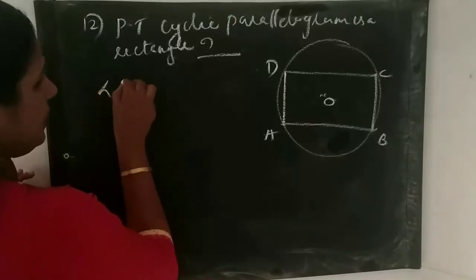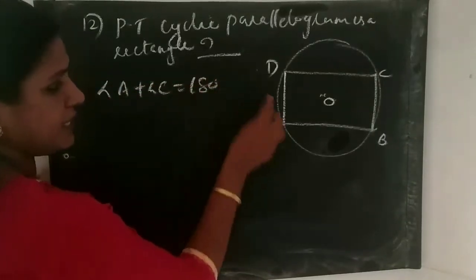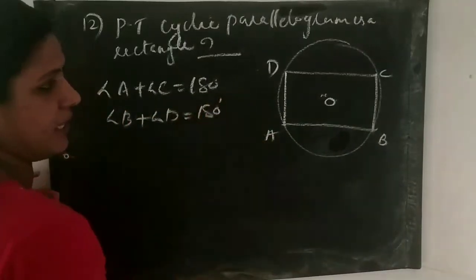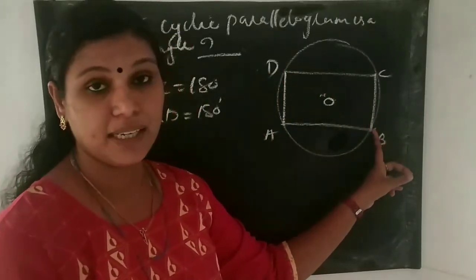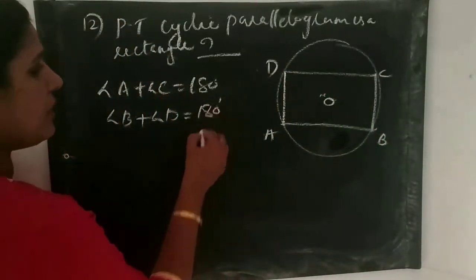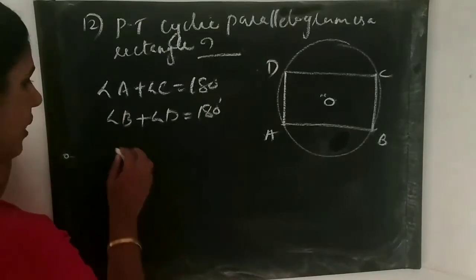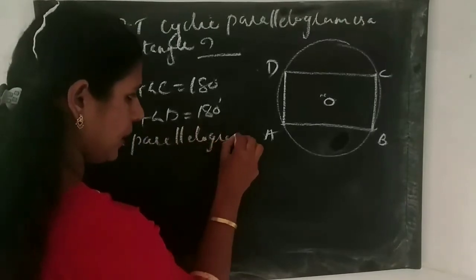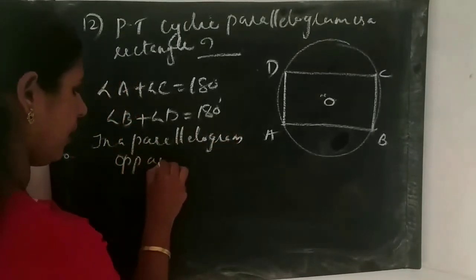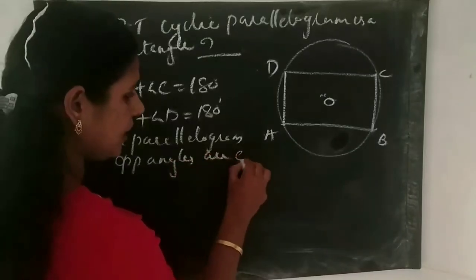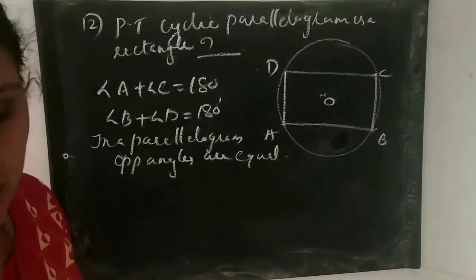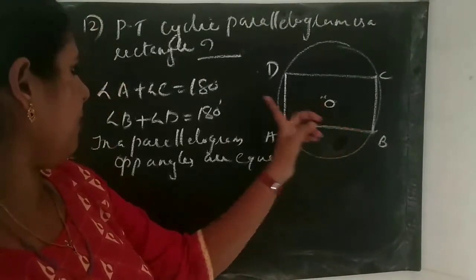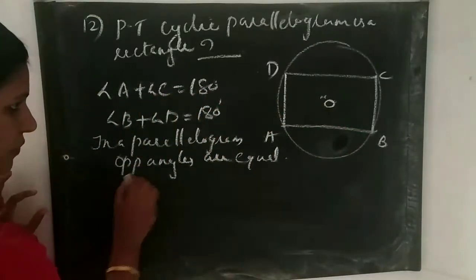So angle A plus angle C equals 180 degrees and angle B plus angle D equals 180 degrees. And in a parallelogram, opposite angles are equal.